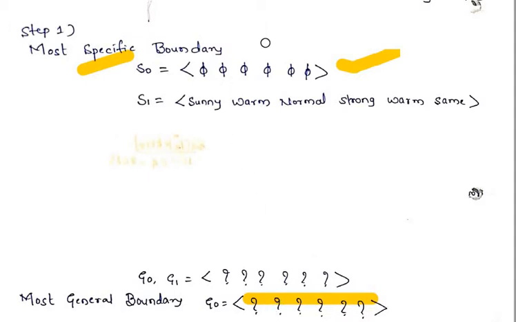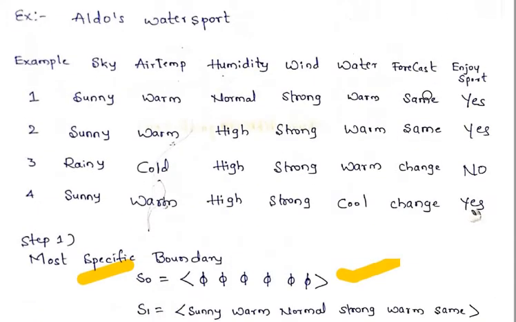After defining the specific boundary and the general boundary, we take the first example as the input. If you see our example, our first input is sunny, warm, normal, strong, warm, same.